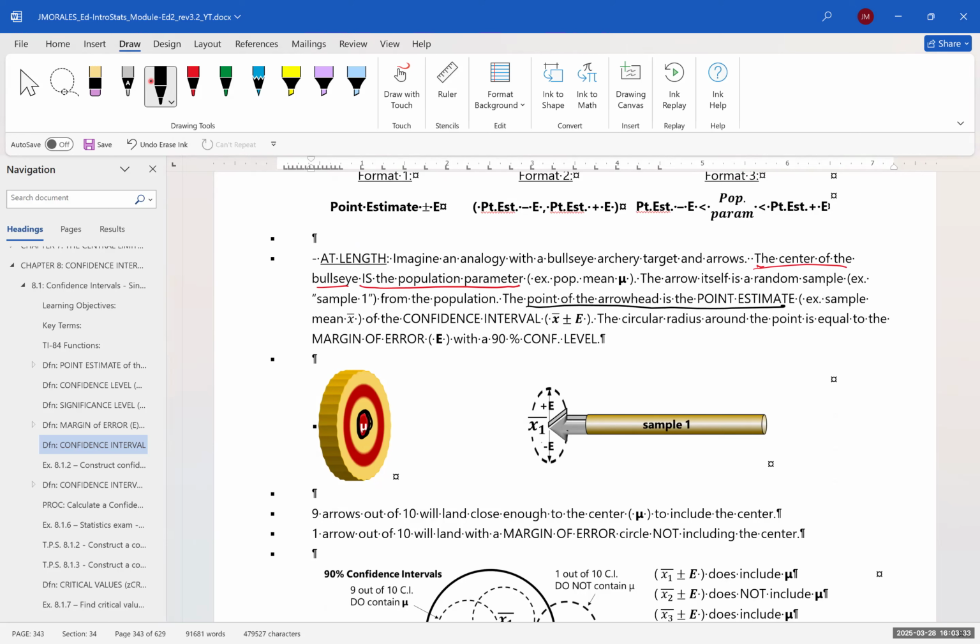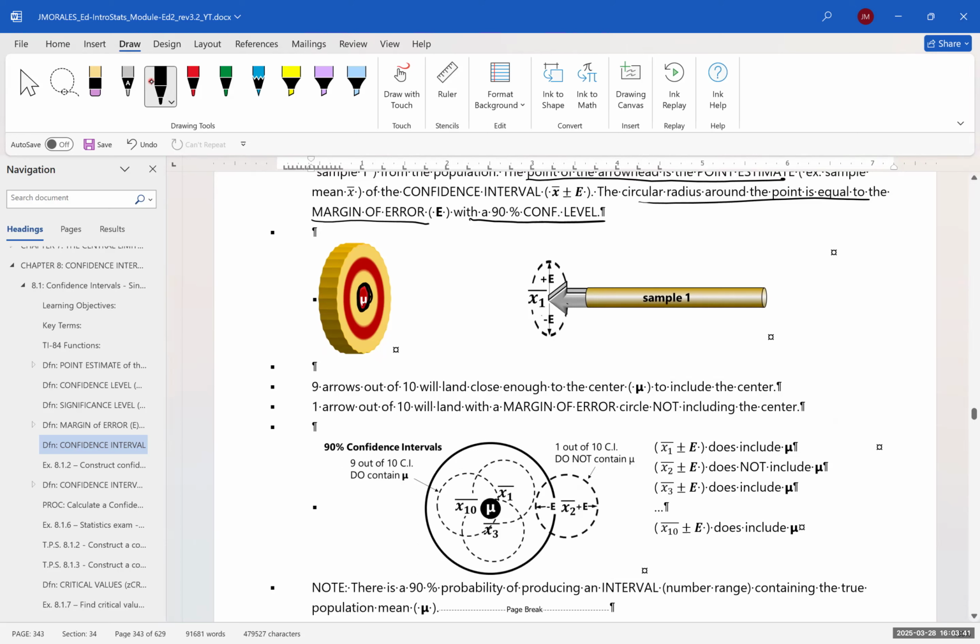The circular radius around the point is equal to the margin of error with a 90% confidence level. With a 90% confidence level, what that means is 9 arrows out of 10 will land close enough to the center to include it.